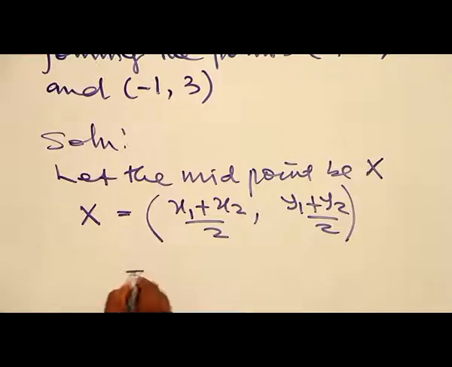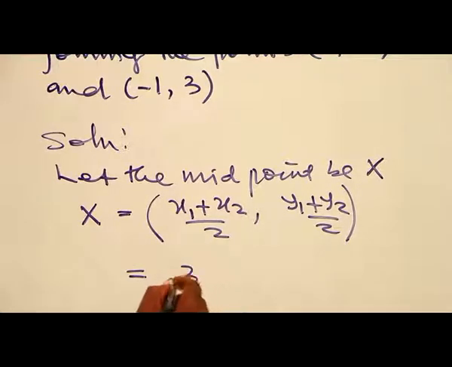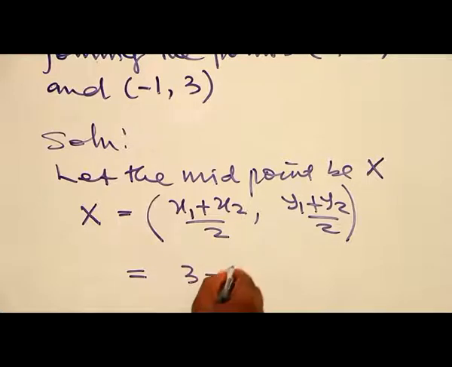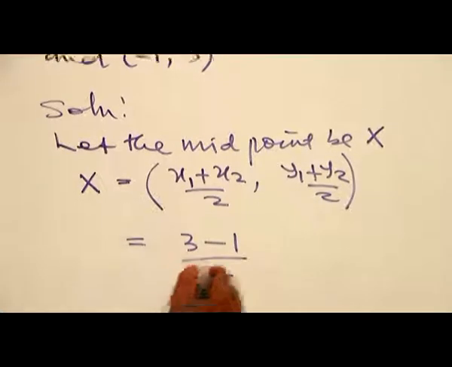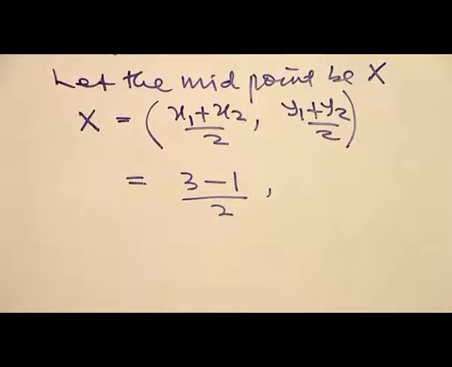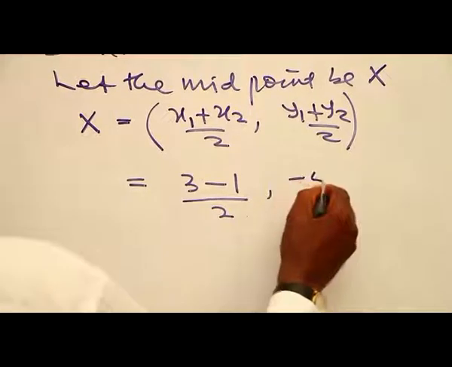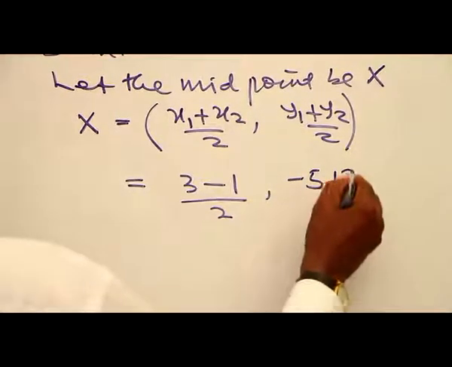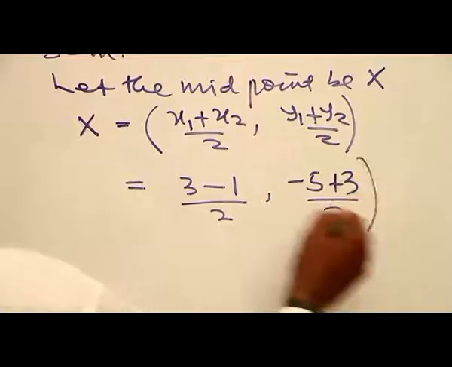Whereas our x1 is 3, and our x2 is minus 1, all over 2. Whereas our y1 is minus 5, and our y2 is 3, also over 2.